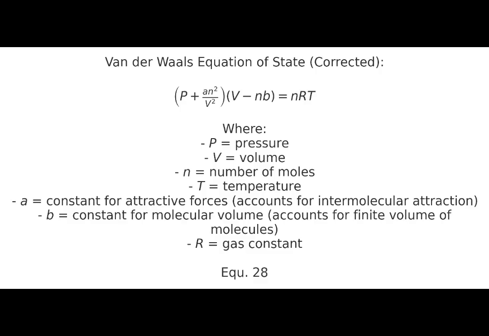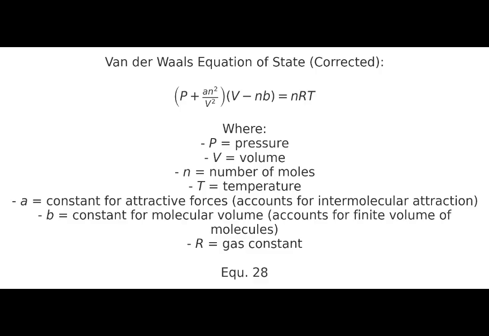At high pressures, when the gas molecules are compressed, the volume occupied by the molecules themselves becomes important, and this term corrects the volume. b represents the volume occupied by the molecules themselves and reduces the available volume for gas molecules to move, making the real gas behave differently from the ideal gas.